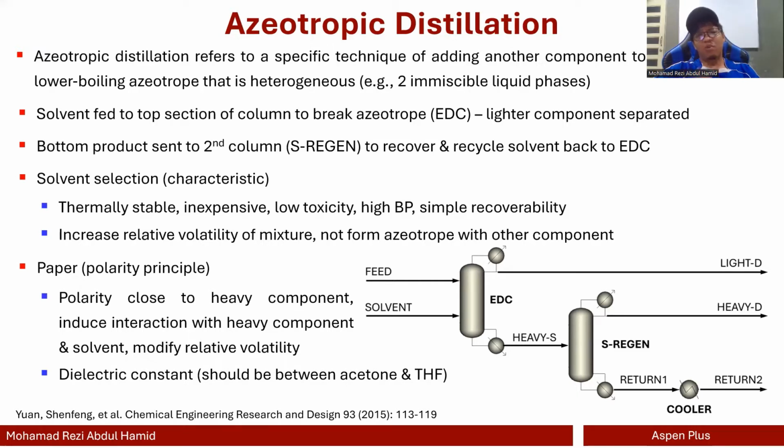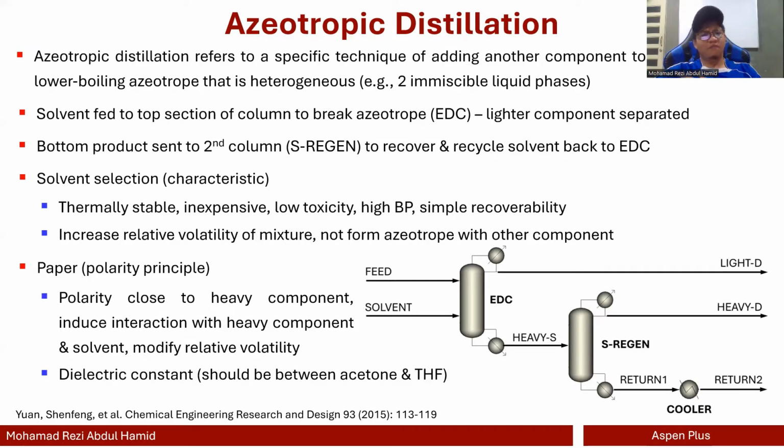It's basically a process or technique used to separate two-component mixtures that form an azeotrope by adding a solvent that forms a lower boiling point azeotrope that is heterogeneous, meaning that they will form two immiscible liquid phases. So in terms of setup, it is quite straightforward.